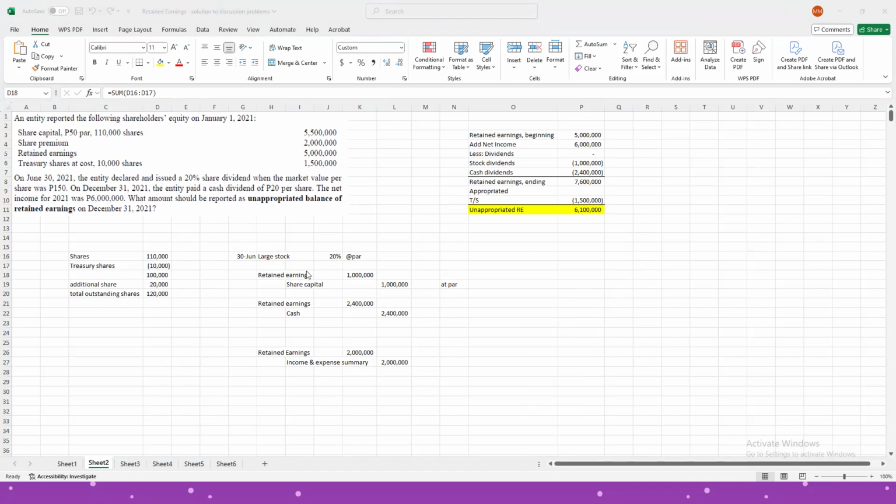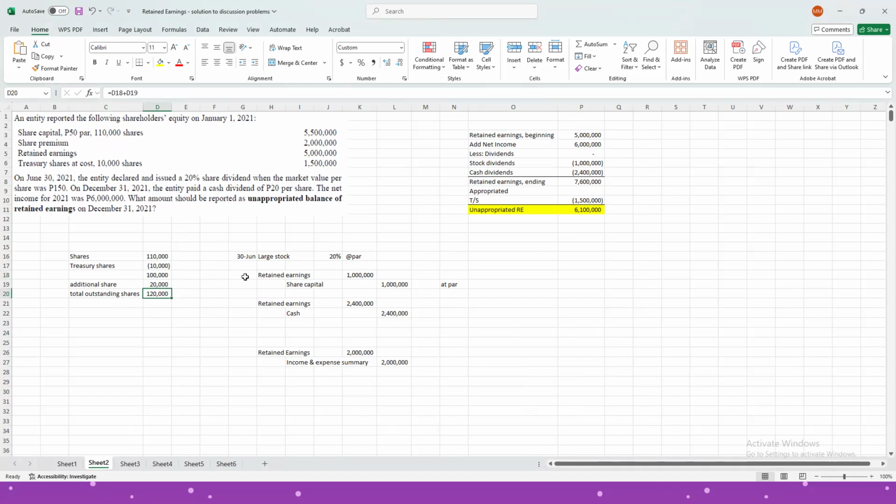So, therefore, we have to recognize it at par. Kung nag-issue ka ng share dividend, your total shares will also increase. Sabi dyan, 20%. So 100,000 multiplied by 20%, that's 20,000. Another way to calculate that is simply dividing this 1 million by the 50 par.